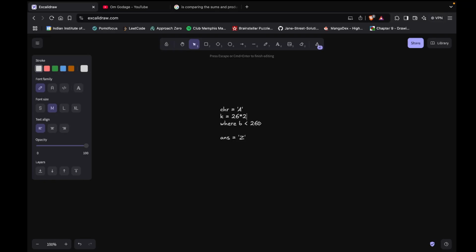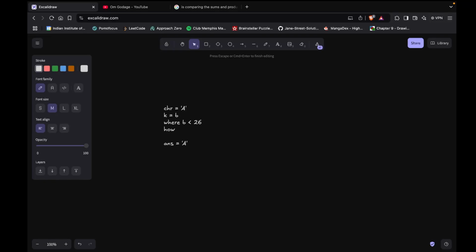If you do 52 shifts of this, it will bring you back to a, because the first 26 shifts will bring it back to a, and then the next 26 shifts will again bring it back to a. So any number over here will always bring it back to a itself, so this is useless. All you need is b, where b is less than 26.